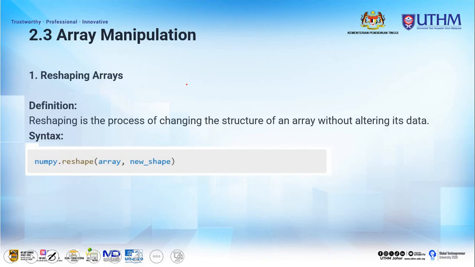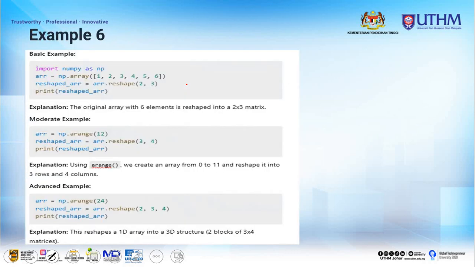Next, reshaping, array manipulation. Manipulation means we try to modify or change. Reshaping is the process of changing the structure of an array without altering the data. We are not altering the data, but we are altering the shape of the array. This is the syntax: numpy.reshape array, comma, new shape. Let's see a basic example.